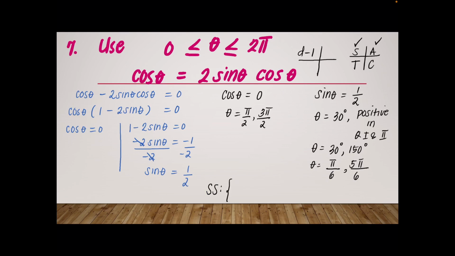So the least is pi over 6. Then pi over 2. Followed by 5 pi over 6. And 3 pi over 2. So this is our answer for question number 7.